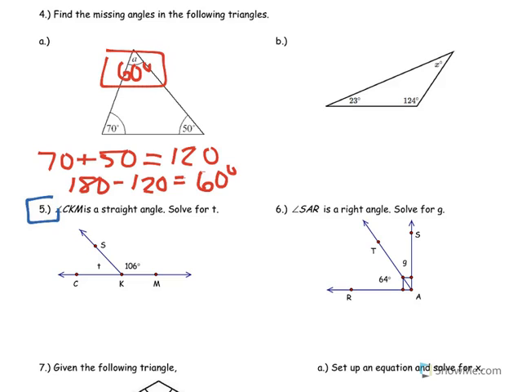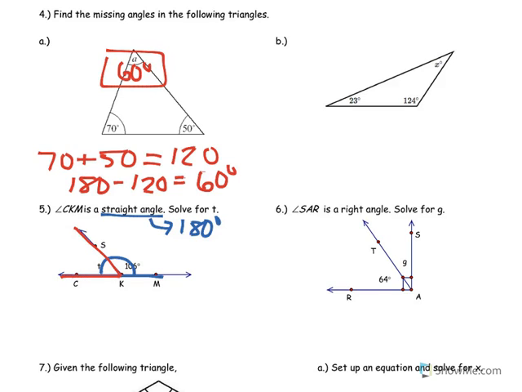The other one that I just want to set up an equation for is letter C. I'm sorry, excuse me, I was reading the angle. Number 5. Angle CKM is a straight angle. Solve for T. Remember, straight angle, that's a line. That means that it's 180 degrees. So what this problem is saying is that CKM, that's this angle here, this entire angle is 180 degrees. Well, notice that whole angle is made up of 2 smaller ones.